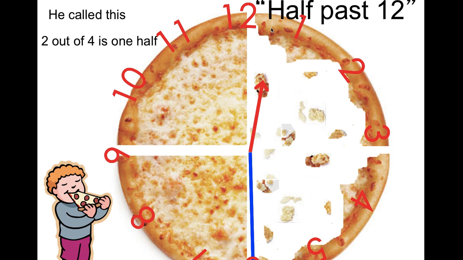So over here, we have half past 12. Because we had one whole quarter that went by and another whole quarter that went by. So 2 quarters have gone by. And 2 out of 4 is 1/2. And also, if you think about this in money, 2 quarters is 50 cents, and 50 cents is half of a dollar.